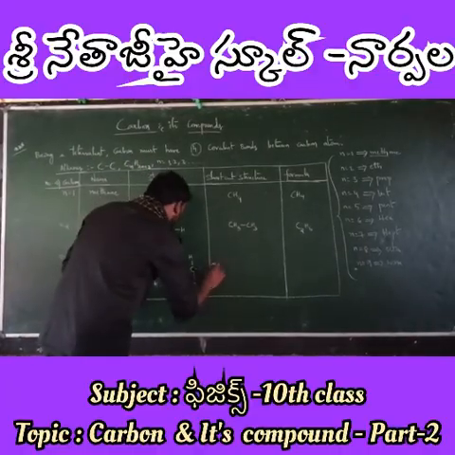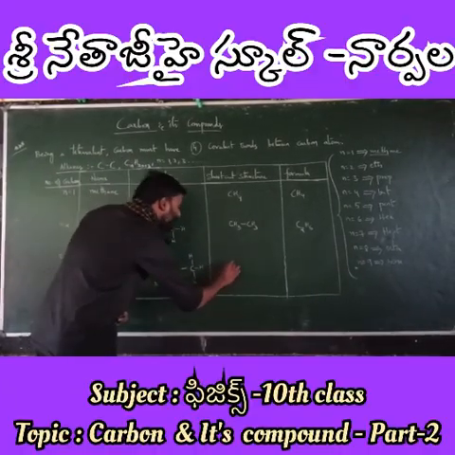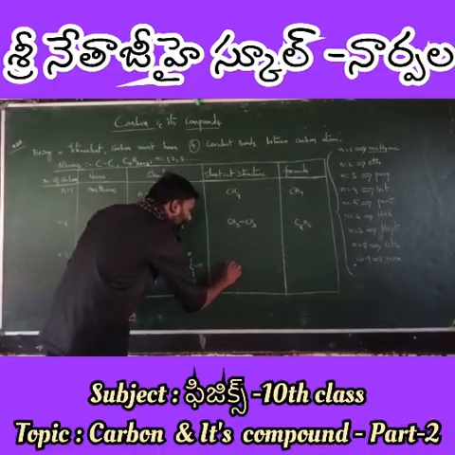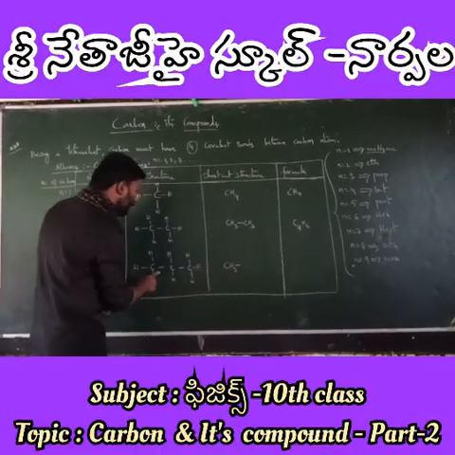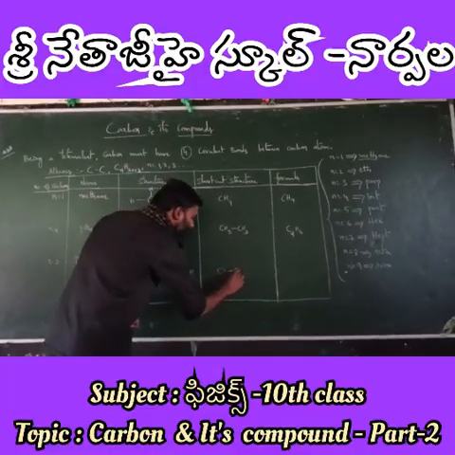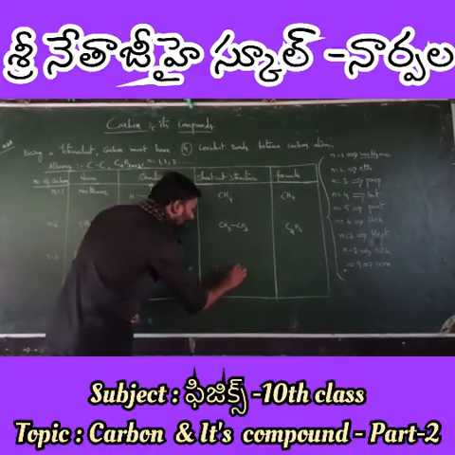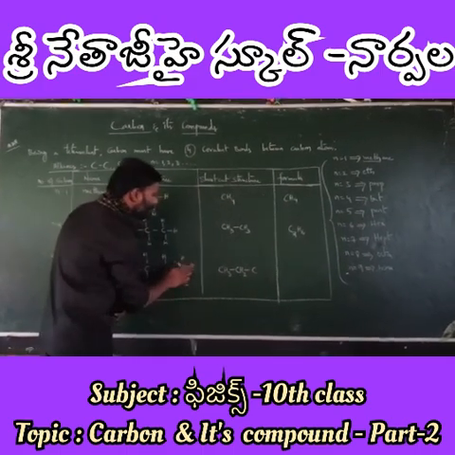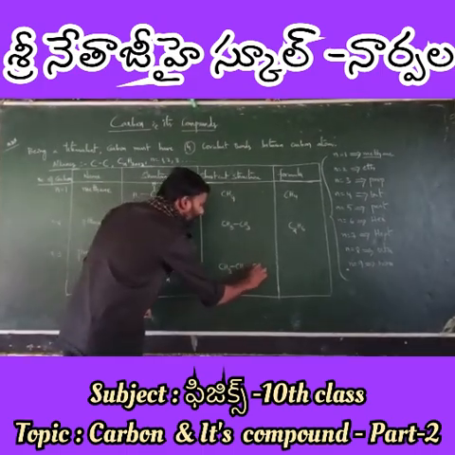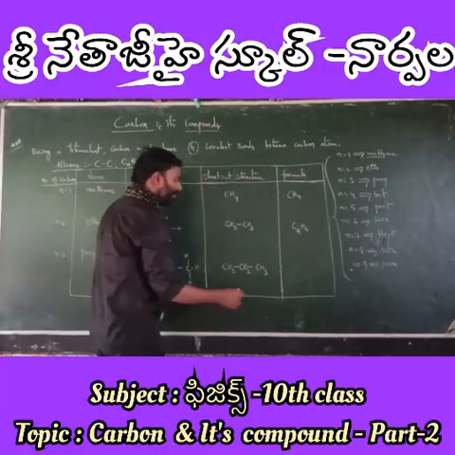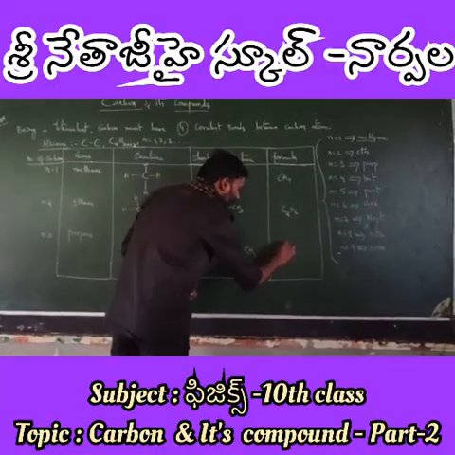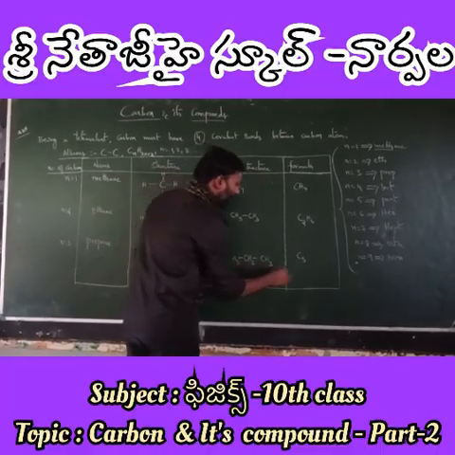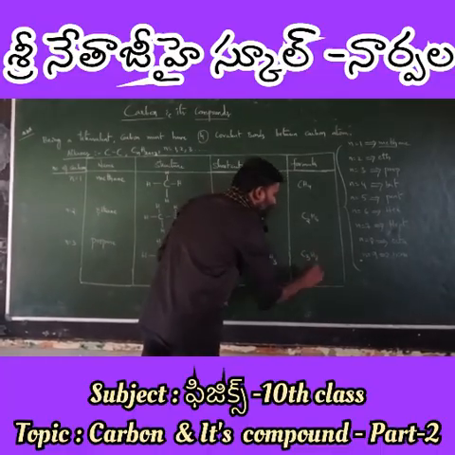So I will write the shortcut structure. First carbon with 3 hydrogens, CH3, single bond is there. Again carbon with 2 hydrogens, CH2, again single bond, carbon with 3 hydrogens. So what is the formula? Number of carbons is 3. Hydrogens: 3 plus 2 is 5, 5 plus 3 is 8.